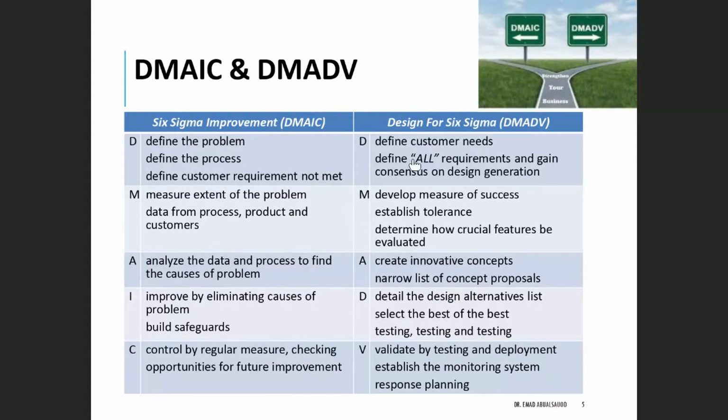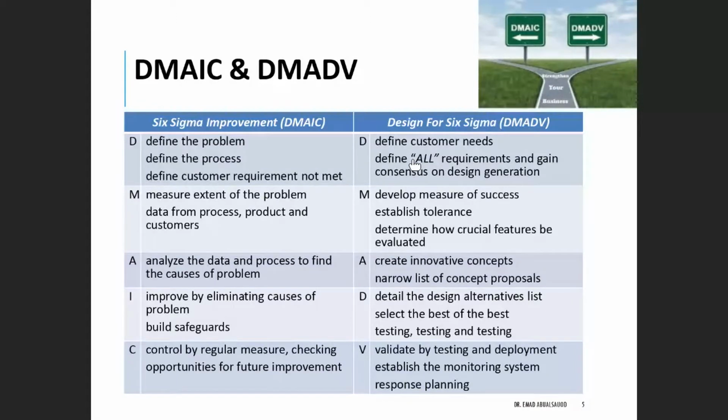Here, on the other hand, in the design for Six Sigma, the requirements are not set yet. So you have to set the requirements, set all the factors that affect the requirements from the beginning.